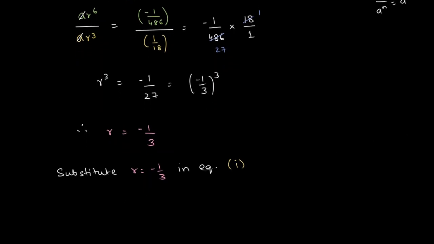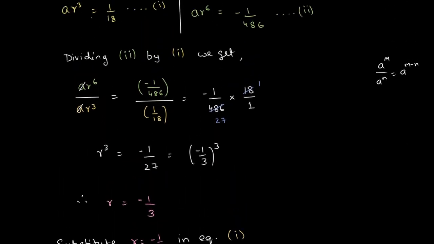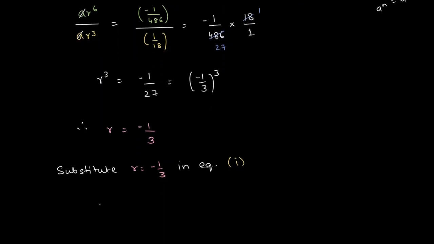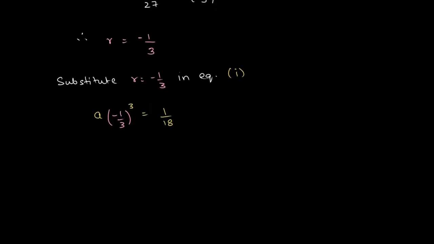Equation number 1 is ar cube equal to 1 upon 18. So we have a, r cube, with r being negative 1 upon 3, equal to 1 upon 18. We want to solve this equation to get the value of a.